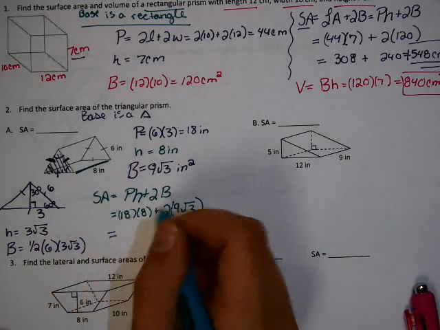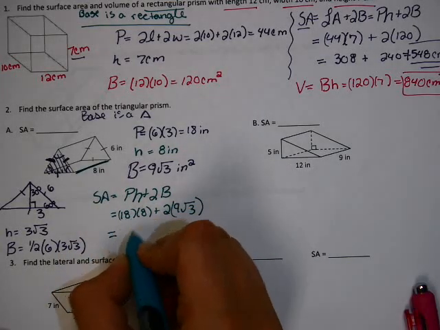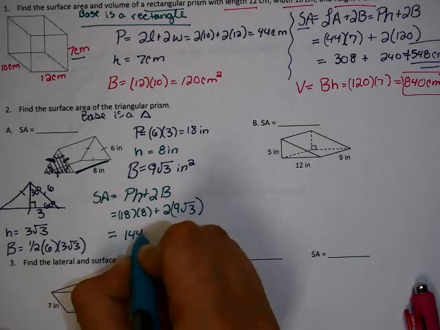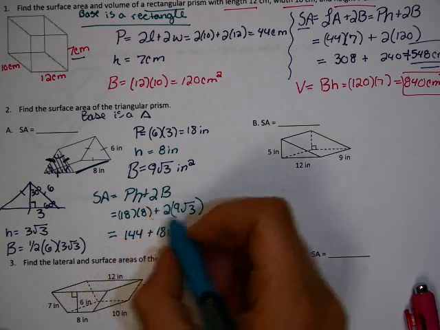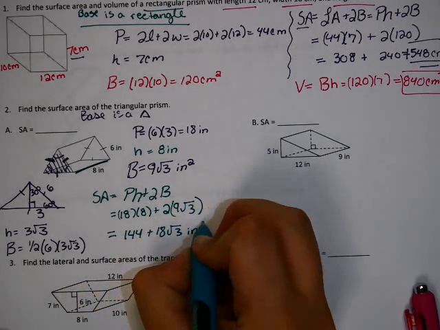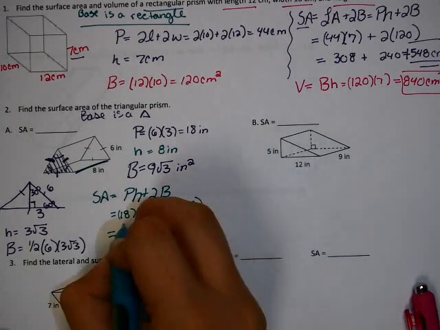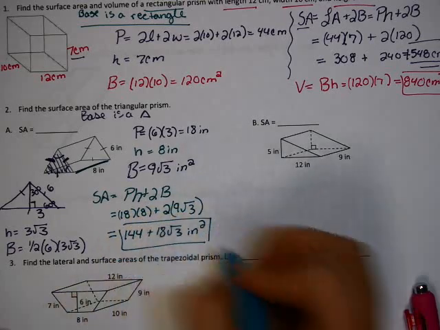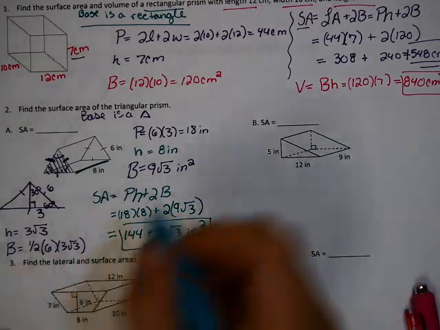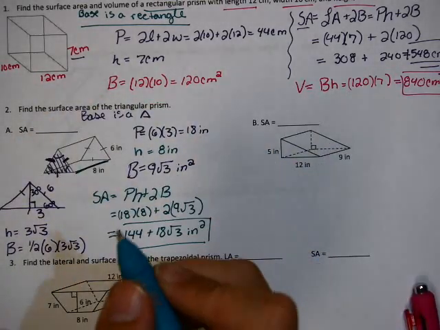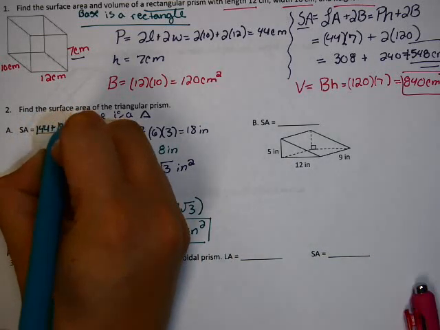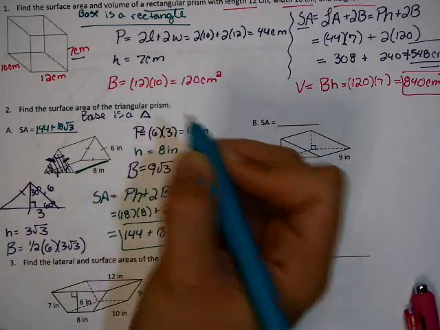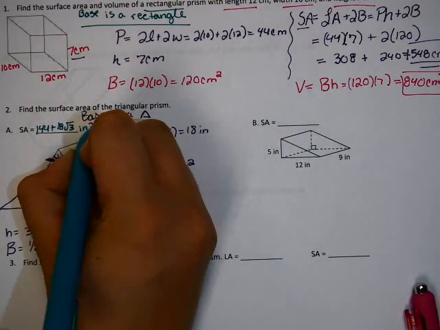So we will have 8 times 18 is 144 plus 18 square roots of 3 inches squared. So this entire thing, since it has to be an exact form, is our answer. So 144 plus 18 square roots of 3 inches squared.